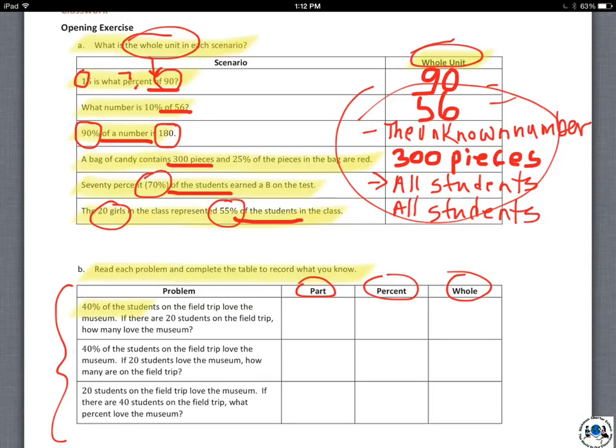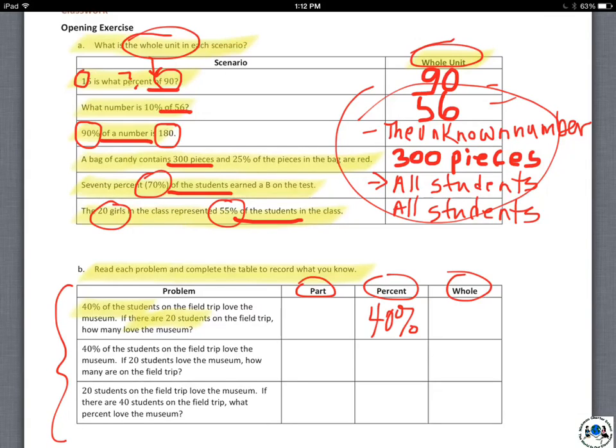Okay, so let's go ahead and look at this first one. Let me read this: 40% of the students on the field trip love the museum. If there are 20 students on the field trip, how many love the museum? The first part I highlighted, 40% of the students, tells us we have our percentage, which is 40%.